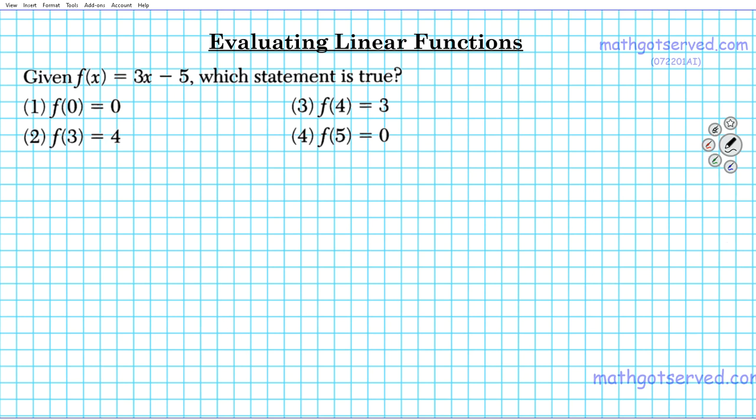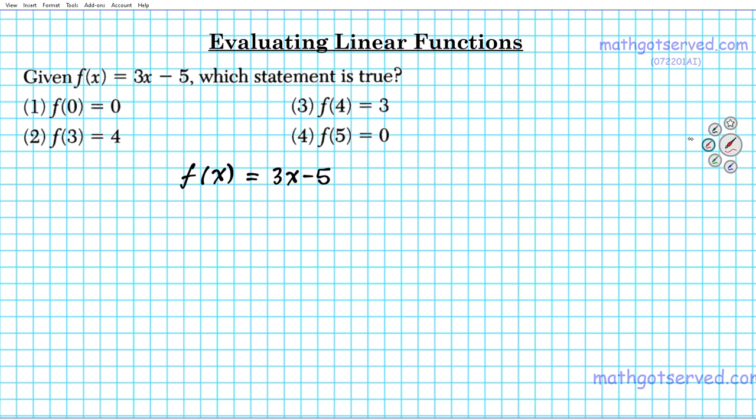It's a linear function because the highest degree is 1. We're going to be evaluating that function using 4 input values, okay? And then when we plug in those 4 input values, whichever one generates the output that matches the specified output in one of these options will be the correct answer.